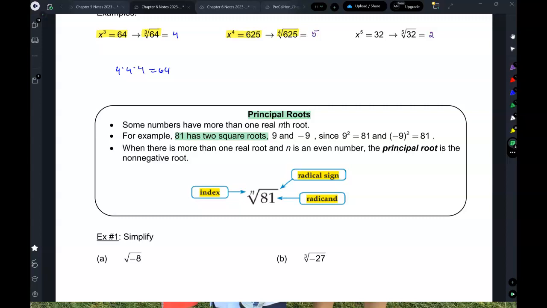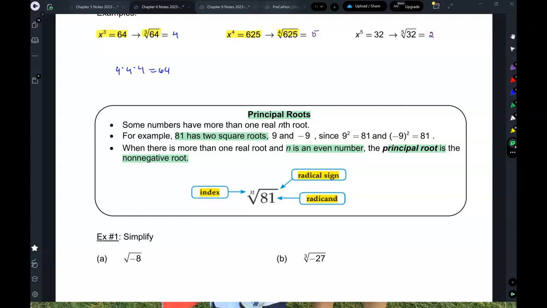However, when there is more than one real root and n is an even number, the principal root is the one that is not negative. So here, yes, 81 has 2 square roots, but the principal root of 81 is just 9, not negative 9.